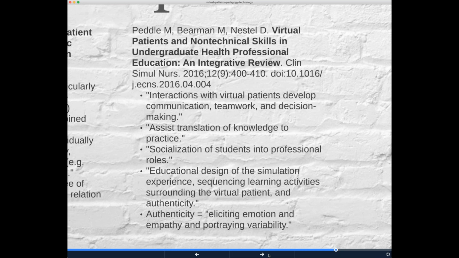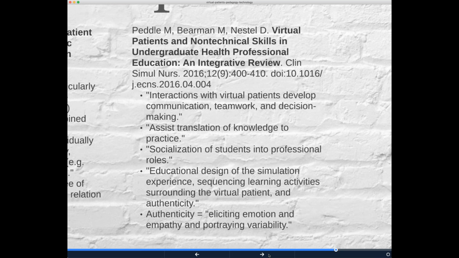And they found that interactions with virtual patients can indeed measurably develop communication skills, teamwork skills, and decision-making skills. And learners feel that these assist the translation of their knowledge to clinical practice, and can help prepare them for clinical placement.